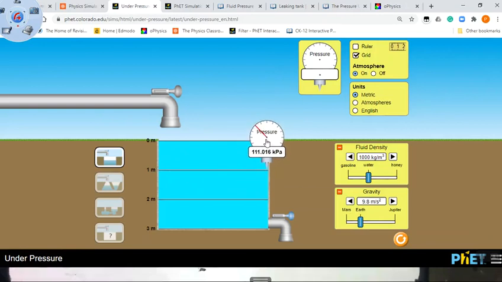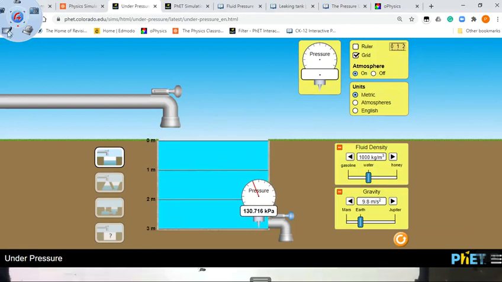At 1 meter it is 111, 110, and we can see that the pressure is the same throughout. So the pressure increases with depth, and the pressure is equal in all directions at the same level.